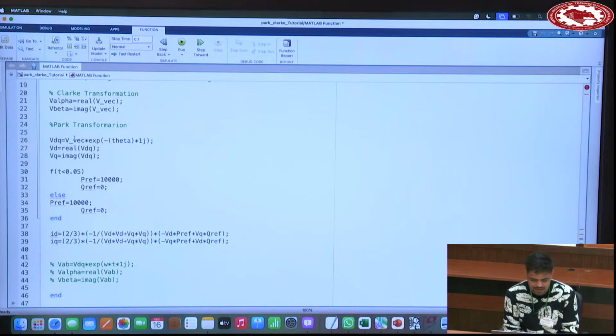First of all, the vector V vector is to be retarded, its speed is to be reduced by theta r. So one exponential term, minus j theta, is multiplied in the equation. Then Vd is the real part of V dq vector, and Vq is the imaginary part.